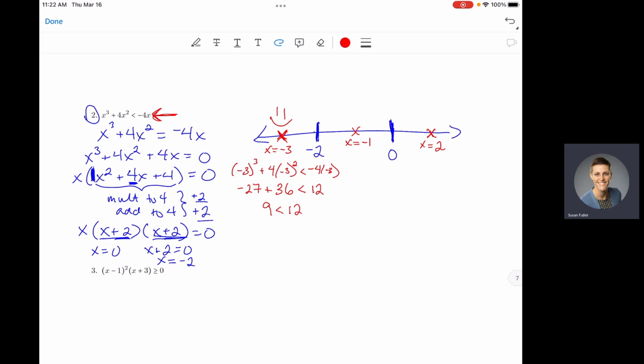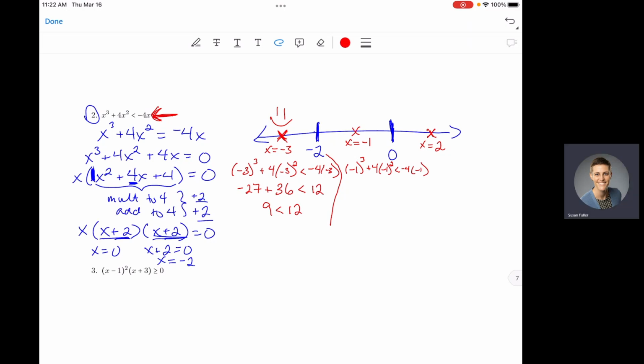And then let's test our next piece here. So if I take -1 and plug it into my inequality here, I'm going to get -1 to the third power plus 4 times -1 squared. My inequality says that should be less than -4 times -1.